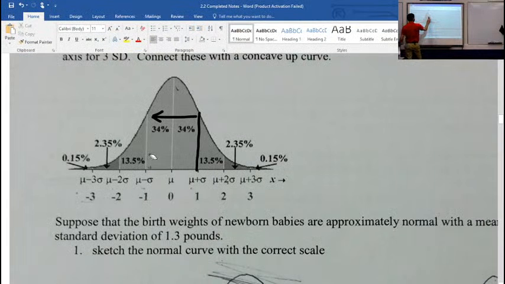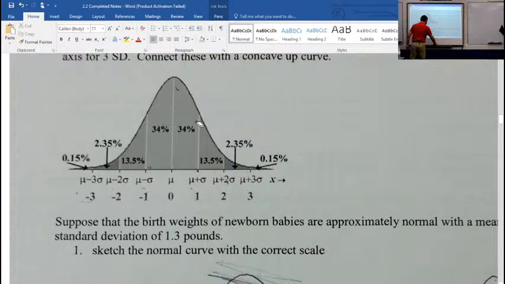So go ahead and tally up. This time we're starting how many standard deviations to the left? 2. We're starting here, everything to the right.